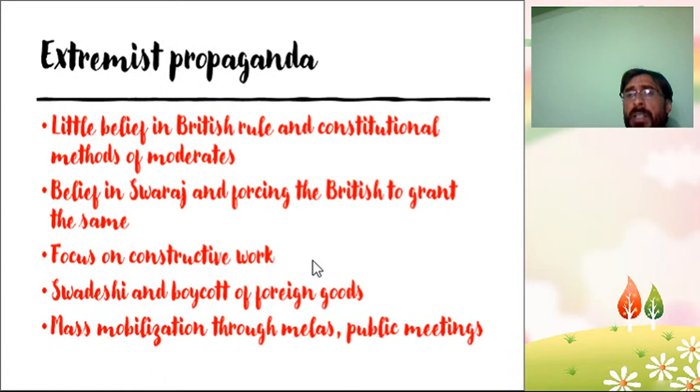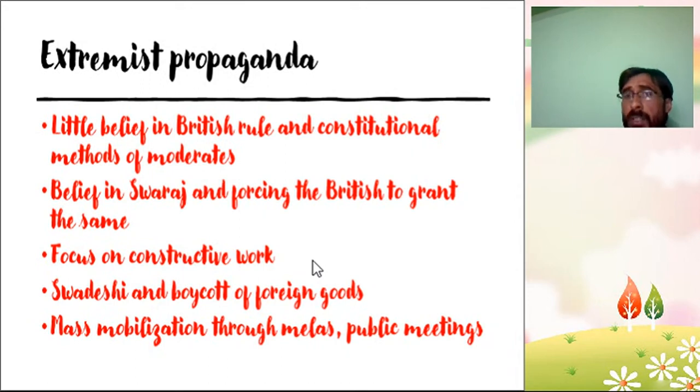They believed that India could make progress only when they had control over their affairs. Therefore, they believed in Swaraj, and they believed in such methods which would force, not persuade, the British to grant such rights to the Indians.